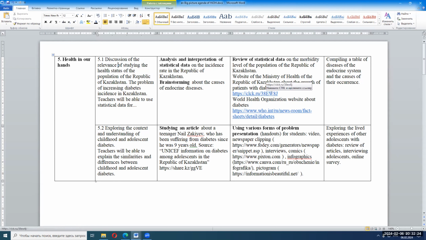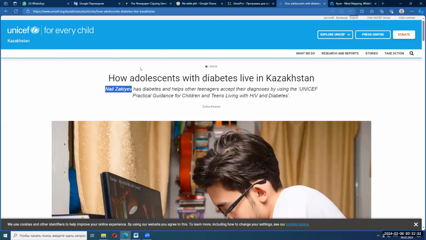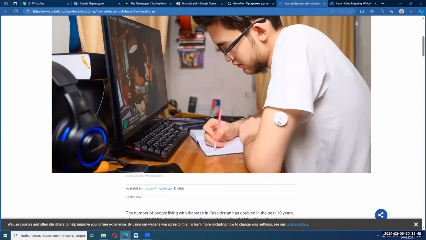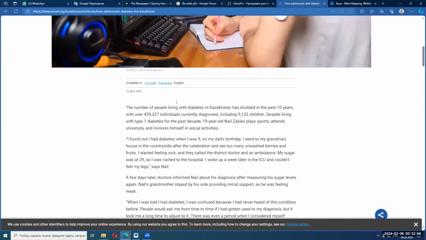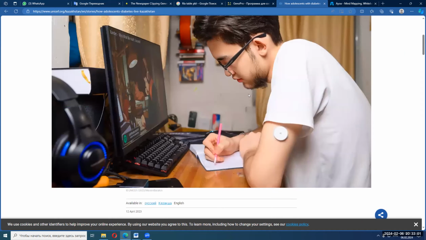We found some newspaper from UNICEF, how adolescents with diabetes live in Kazakhstan. It's a boy. His name is Nail Zakiev. He has diabetes type 1. Here you can see some information about diabetes in Kazakhstan and about our hero.